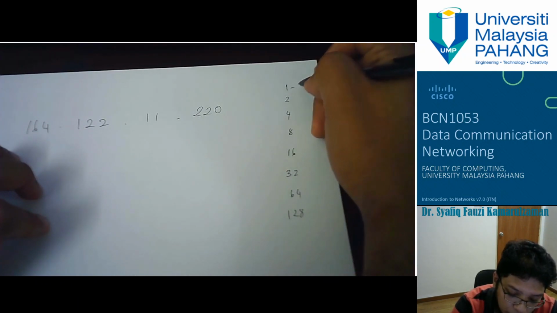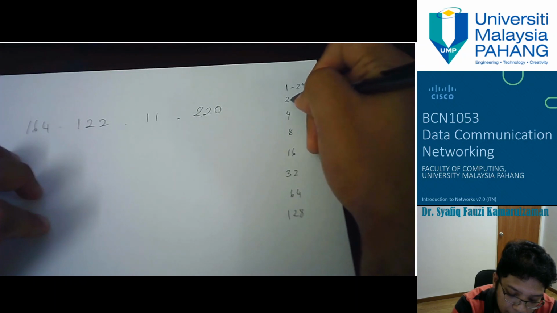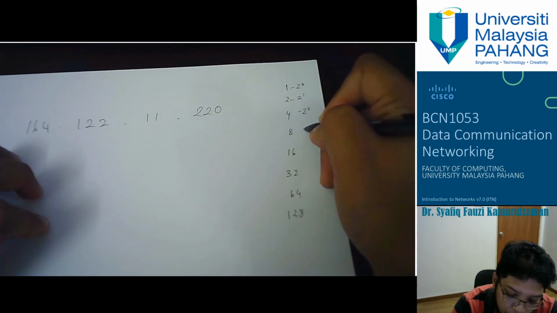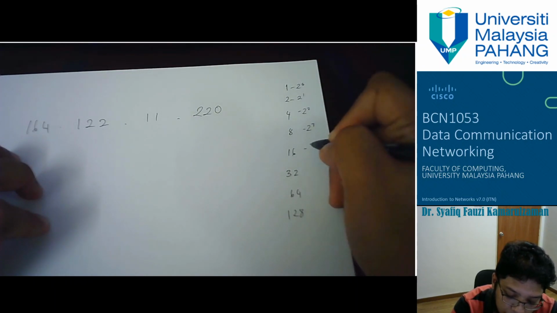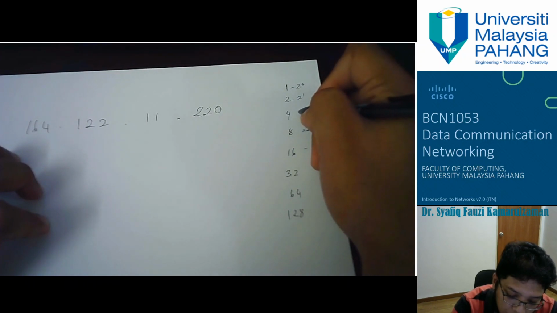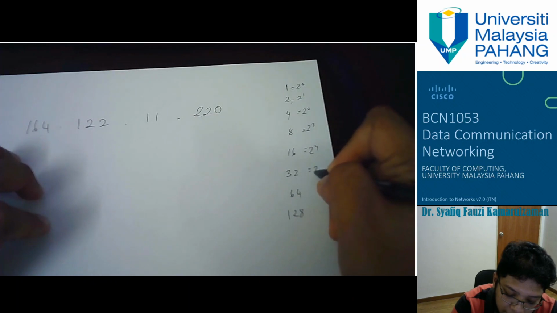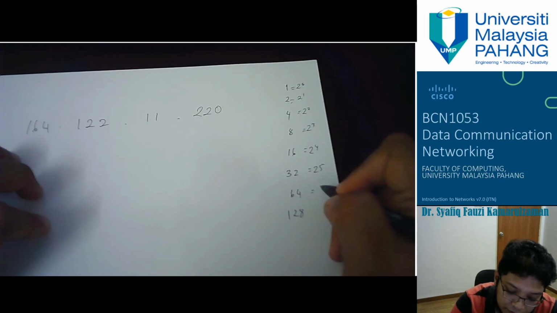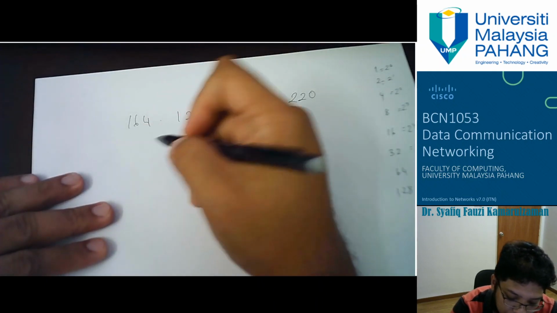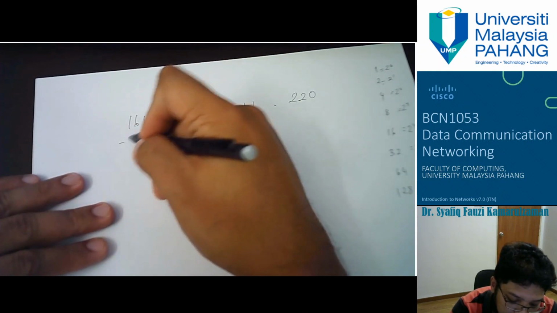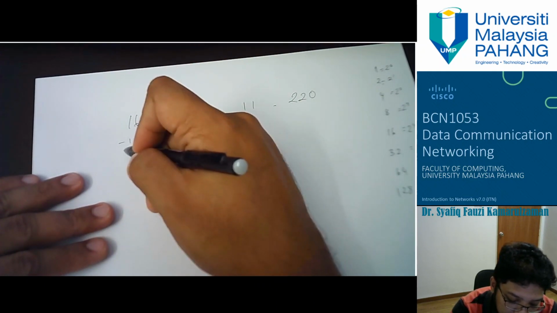So this is 2 power of 0, 2 power of 1, 2 power of 2, 2 power of 3, 2 power of 4, 2 power of 5, 2 power of 6, 2 power of 7. So for this one, 164, the closest one is 2 power of 7, 128.